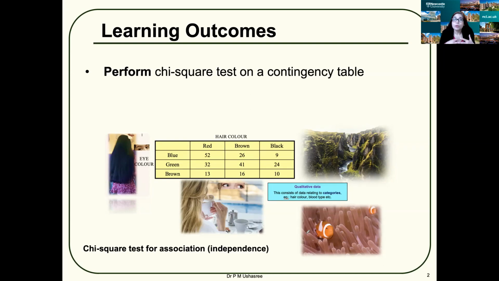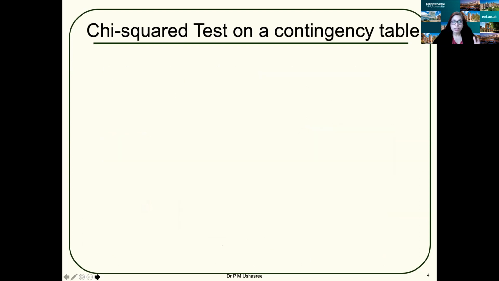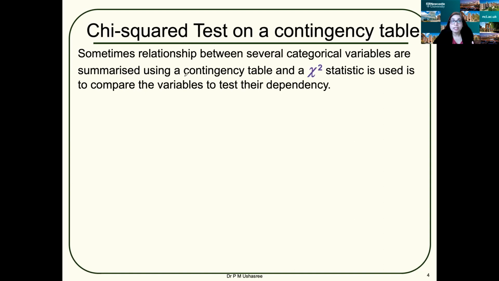All of these, that is, comparing any relationship between two or several categories, can be done using a chi-square test. Sometimes these categories or variables are represented using a contingency table, and a chi-square statistic will help you compare the variables to test the dependency. So that's what we're going to see.